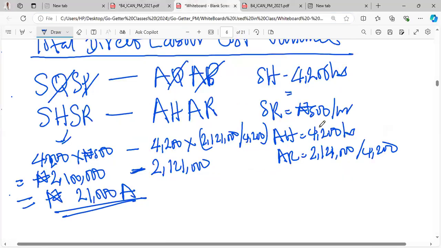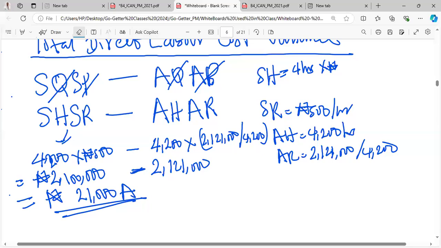So let me amend this here again. So let's learn something from this. We are going to be using 4 hours for 1 unit times 500, which is times 1,000 units.